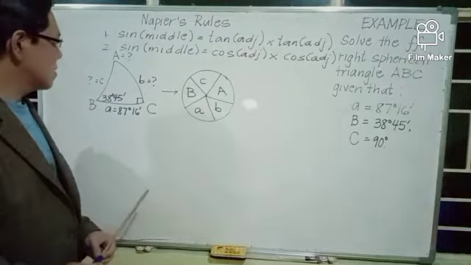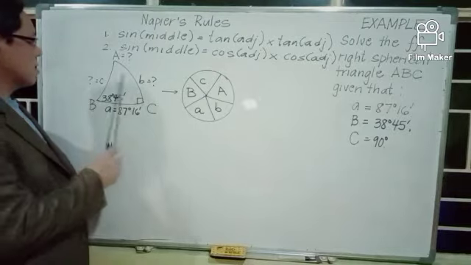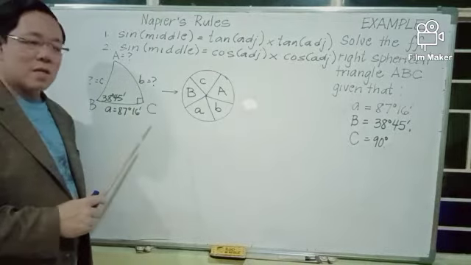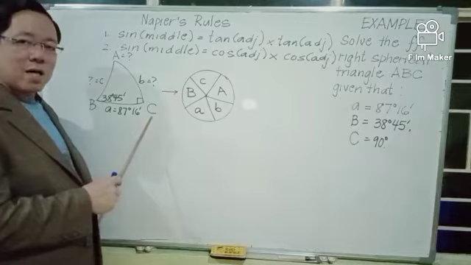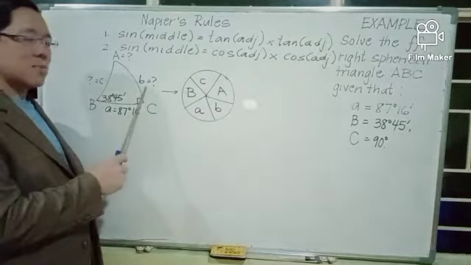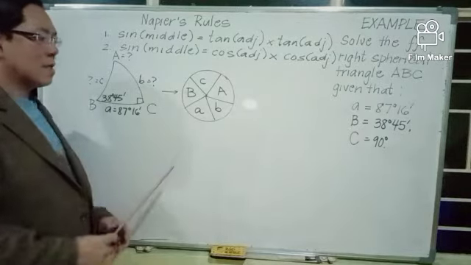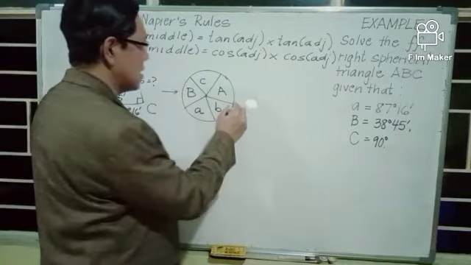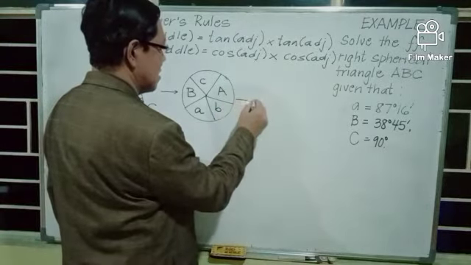The parts of the right spherical triangle that make up the right angle C are small a and small b. And in the mnemonic device, we write them as is.